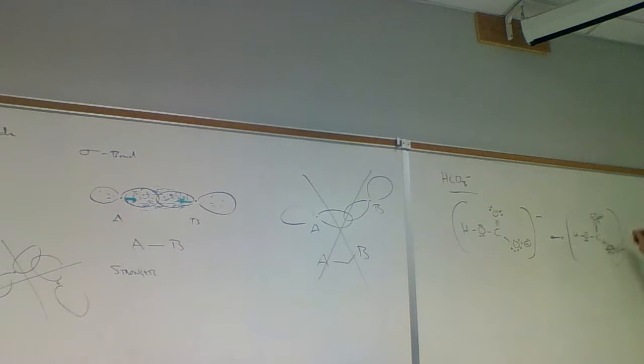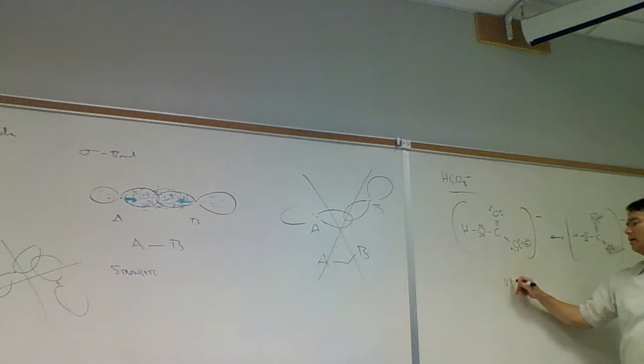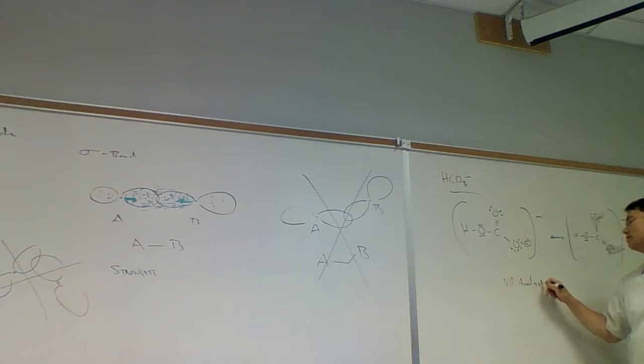And then we have the resonance hybrid. When we do valence bond analysis, VB analysis will pick one of the resonance forms. To do VB analysis on the hybrid is a bit more complicated.